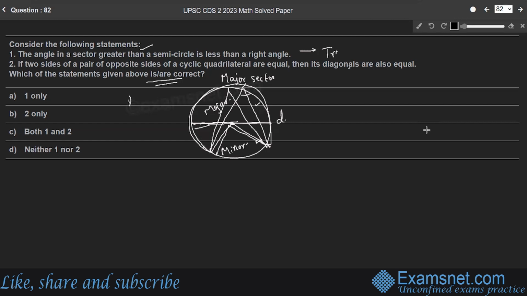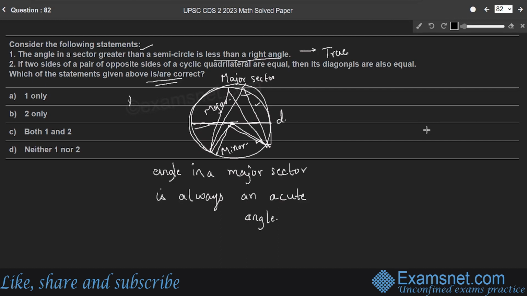Because the angle in a major sector is always an acute angle, which is less than 90 degrees. So it is less than a right angle, a true statement. So we'll consider the second statement.